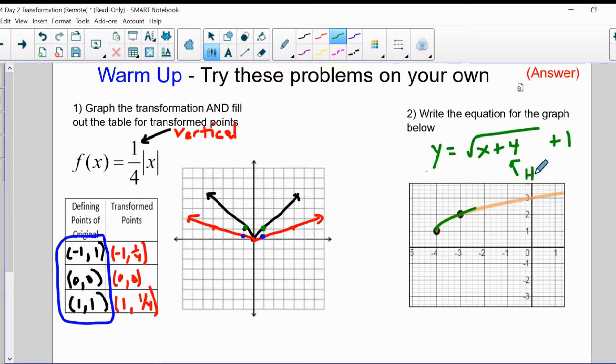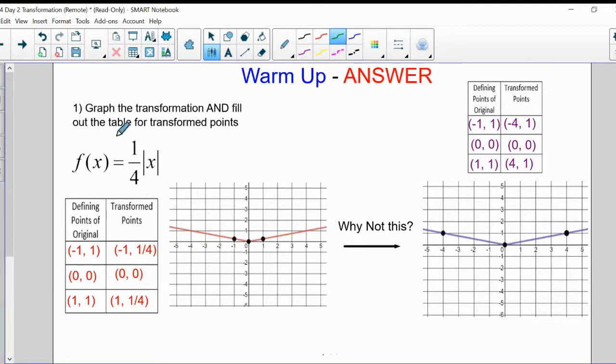Remember that this is a horizontal shift, and horizontal shifts basically look the opposite of what you see. So you see the plus 4, it's going to go to the left 4. And then this one is the vertical shift right there.